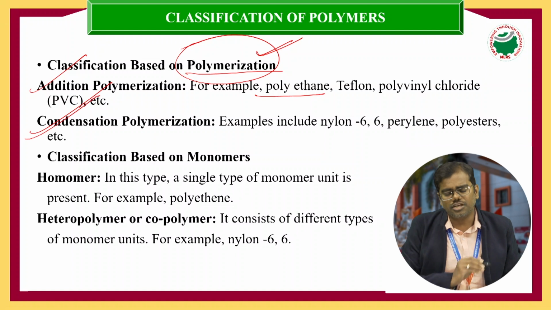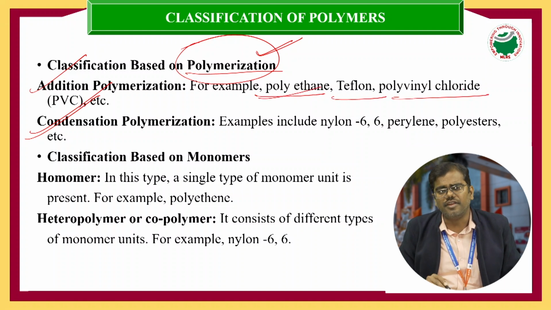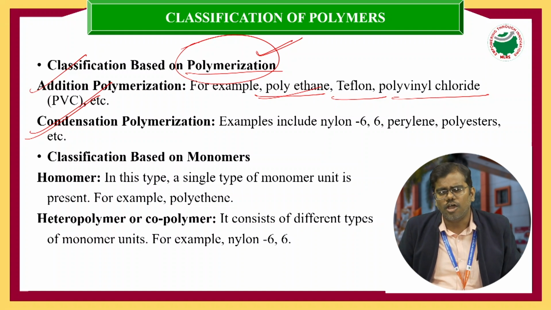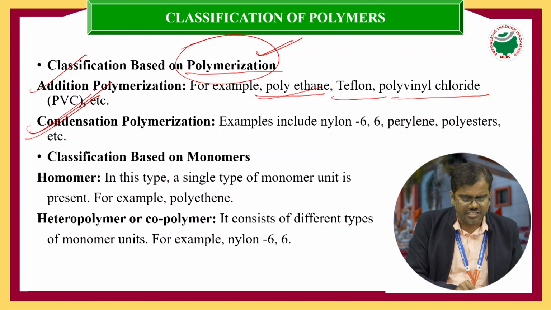Second one, condensation polymerization. We have discussed very good examples in addition polymerization, for example polyethylene, Teflon, polyvinyl chloride, polybutadiene, polyacetylene, which are derived from monomers containing double bonds, triple bonds, or alternating double bonds. Next is condensation polymerization.